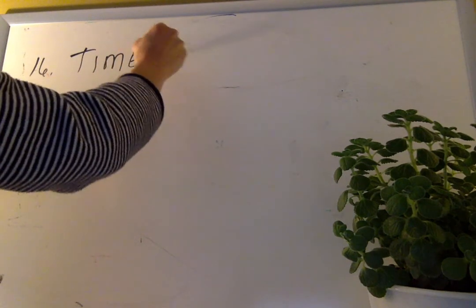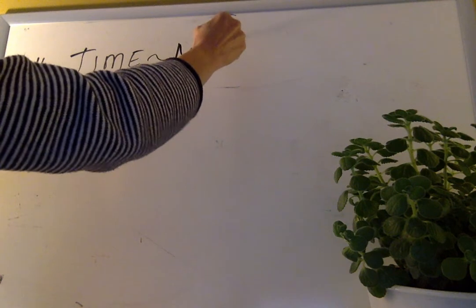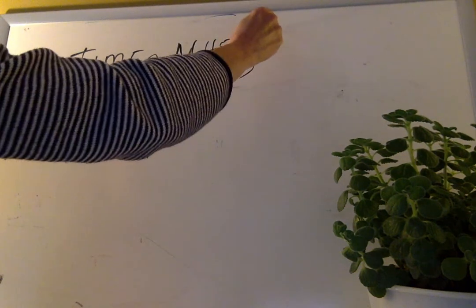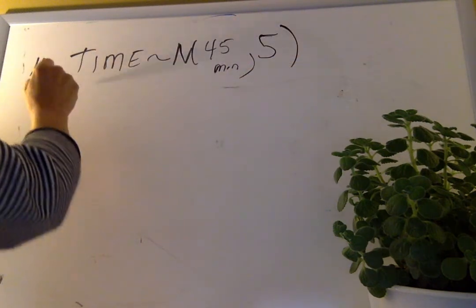Okay, this is time required to do an exam. Suppose that for the population of students, the distribution is normal with mean 45 minutes, standard deviation 5 minutes.